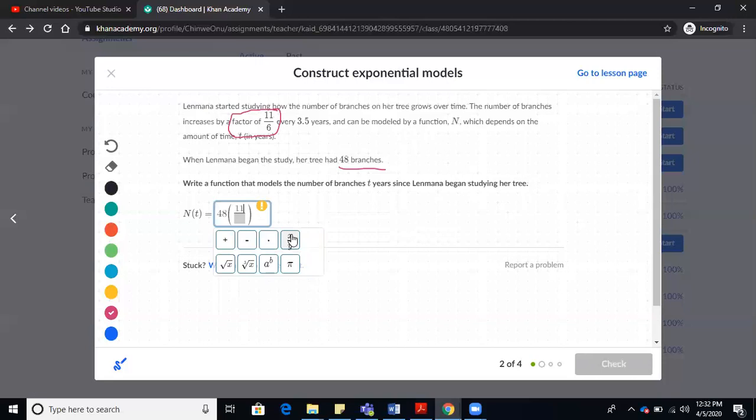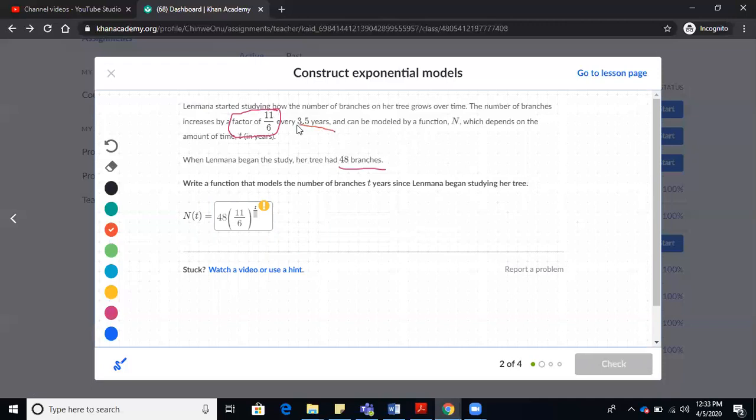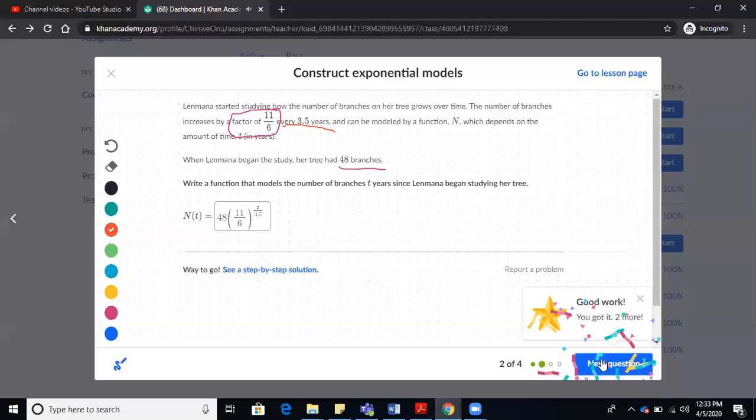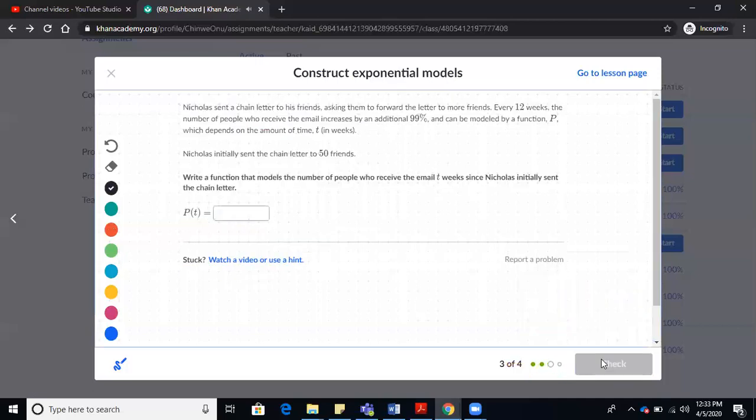Once it says factor, it's already giving me what should go in there. Okay, so factors are easy. It's already told you. And remember you want to put t over however long it takes to change, and here it's changing every 3.5 years. So t over 3.5. You can go to your next question.